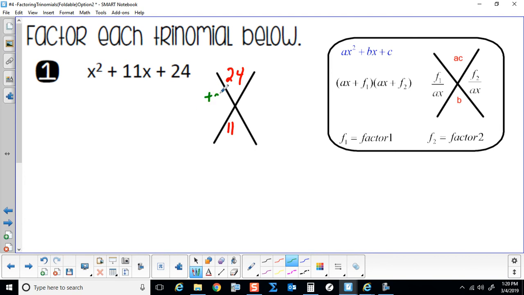Well, plus 8 and plus 3. Now I'm going to divide by ax, which is 1x, or just x. And now I can write my factors. x plus 8, x plus 3. They add to give me 11 and multiply to give me 24.